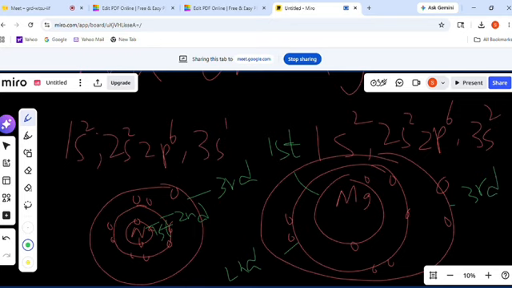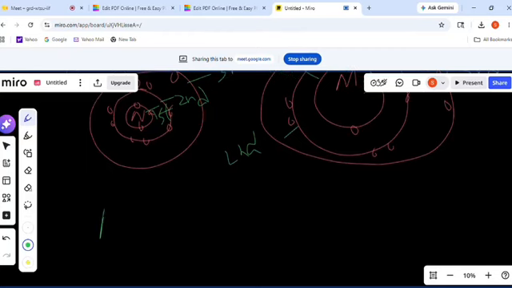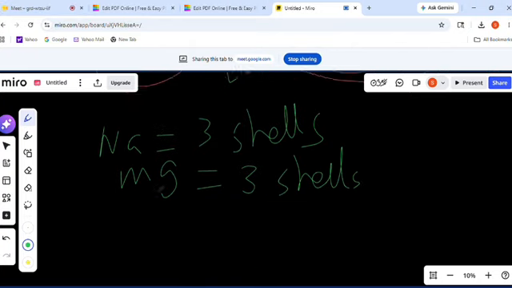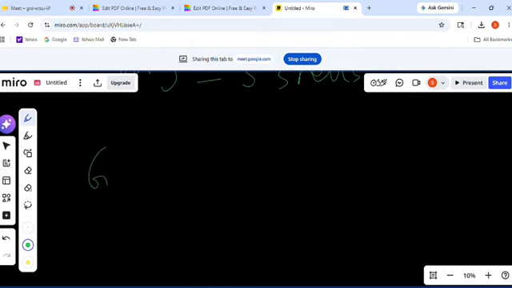So both have the same number of shells, 3 each, so the shielding effect will remain the same because the number of shells is not changing.